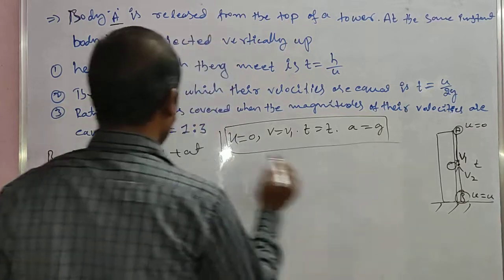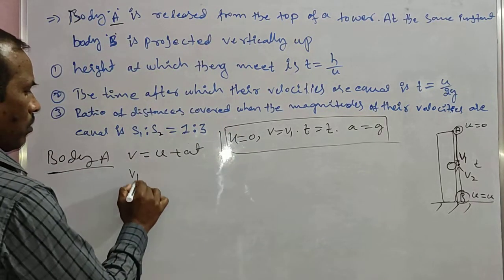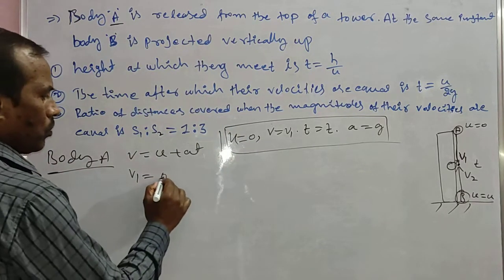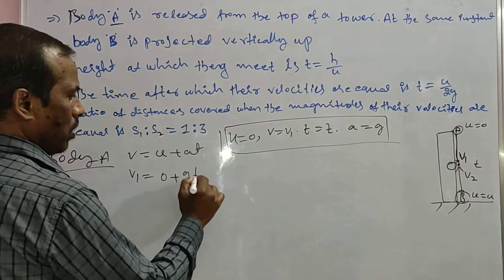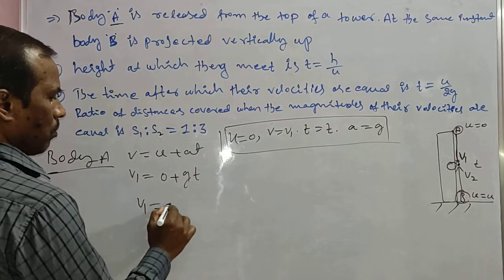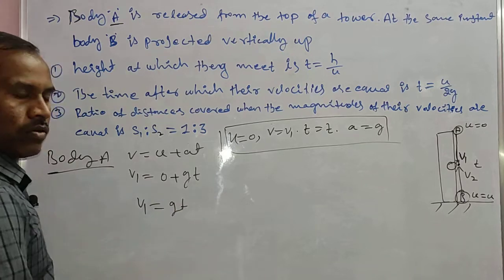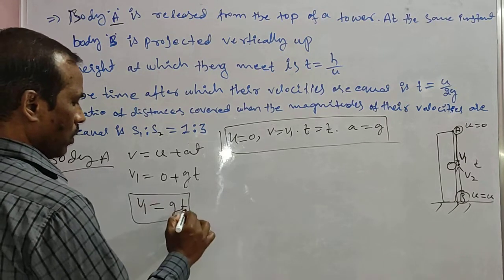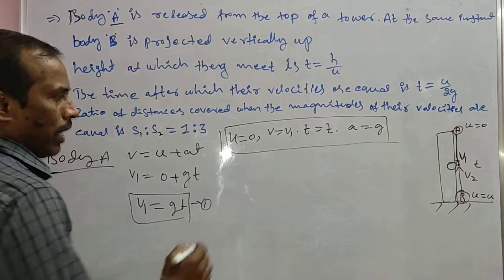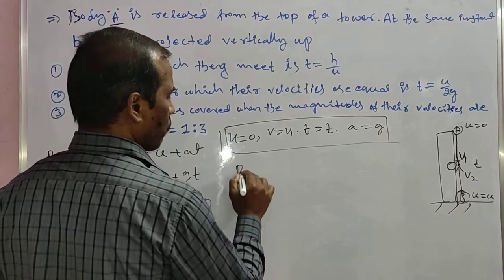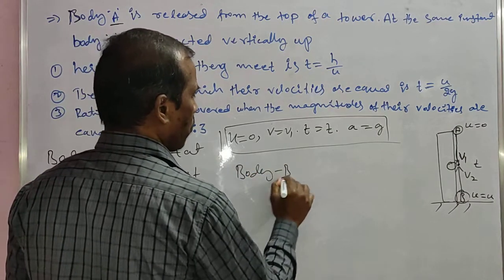Substituting these terms: u is equal to 0, a is equal to g, so v1 is equal to gt. This is our equation 1. Next, body b.